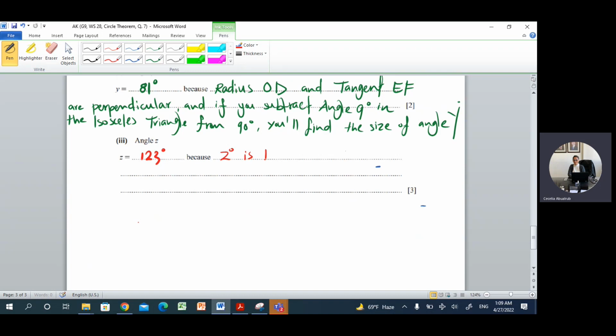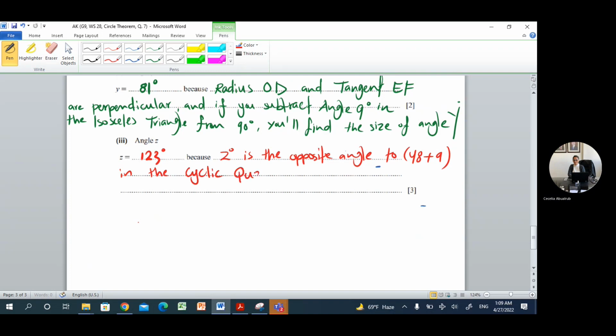Z is the opposite angle to 48 plus 9 in the cyclic quadrilateral named ABCD.